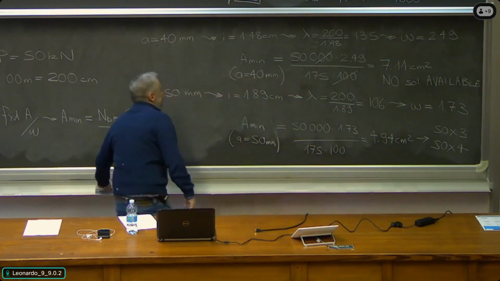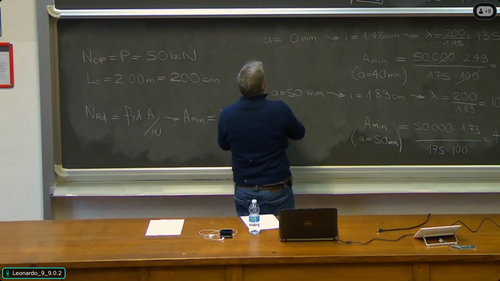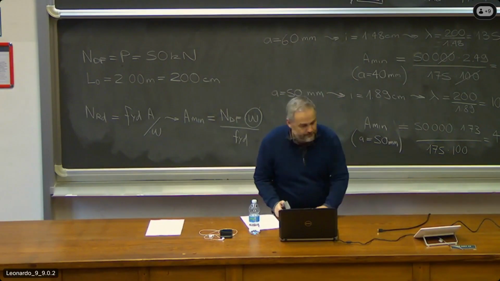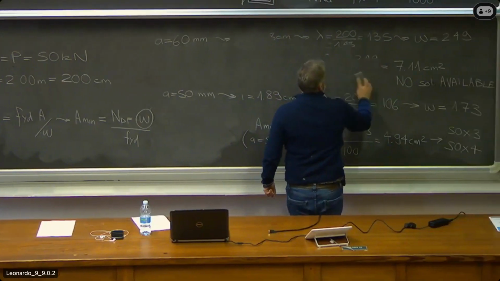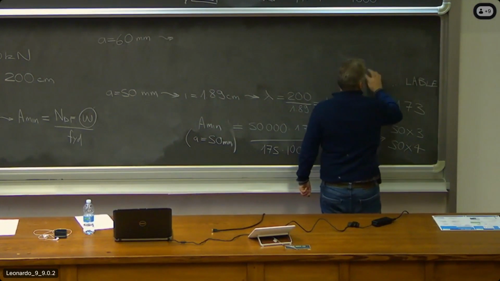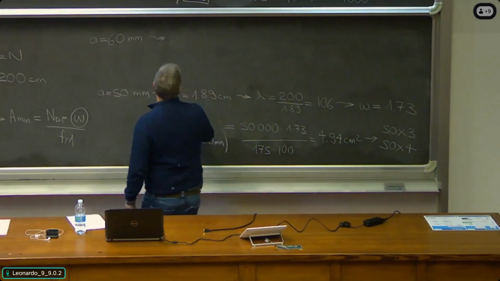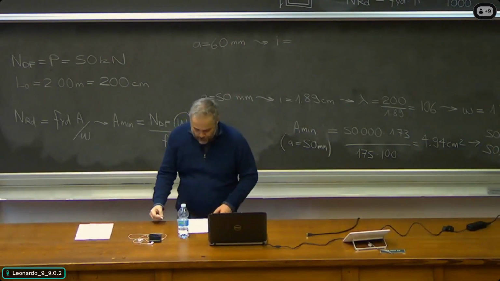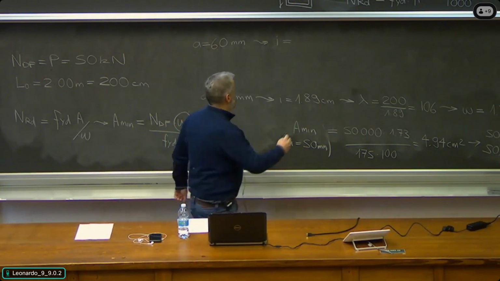Let's check it. So we now go with an A equal to 60 millimeter. What is the minimum radius of gyration in this group of members? 2.29, okay?